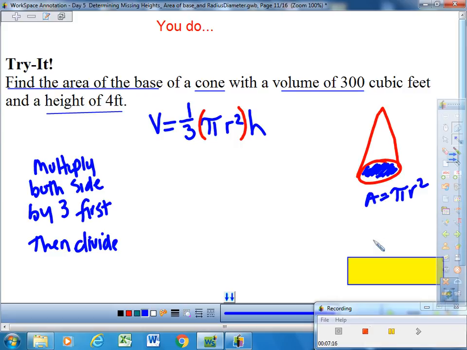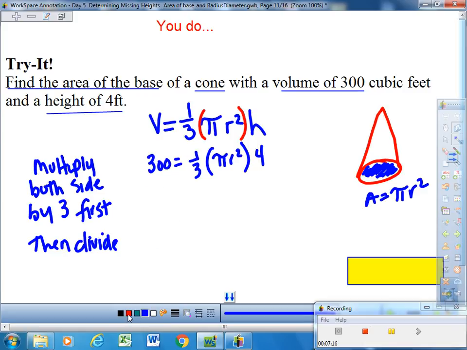Okay, so you should have worked it out. So this is 300 equals 1/3 pi r squared, and then the height is 4. So we're going to multiply both sides by 3 first.